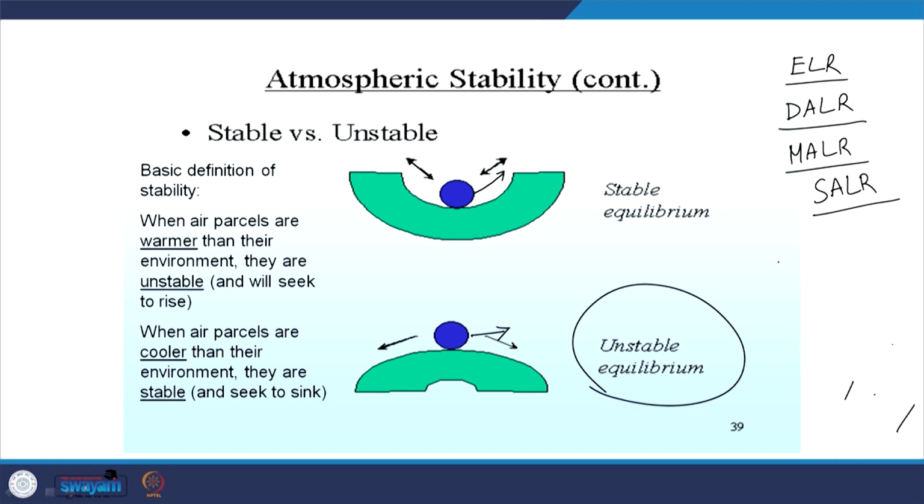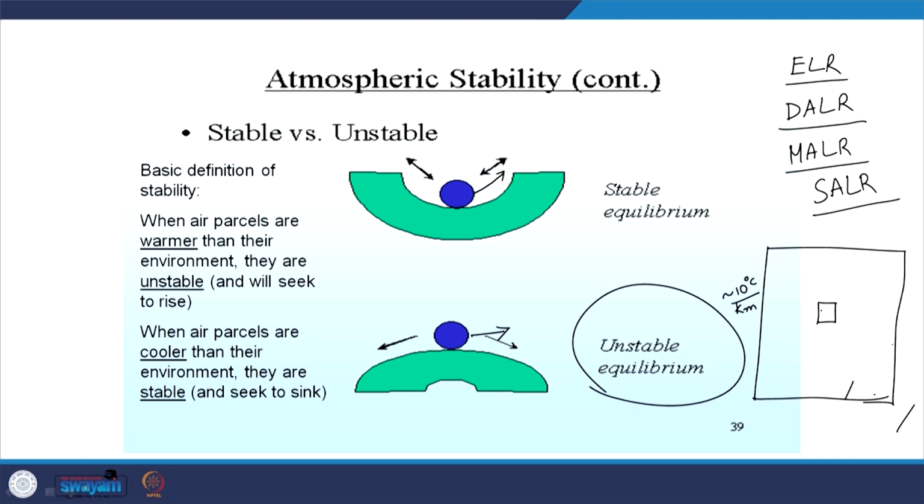Now, let us say, for example, you consider an atmosphere. In this atmosphere, the temperature is decreasing at a particular rate, let us say 10 degrees Celsius per every kilometer. Now, if you bring in an air parcel, the idea of an air parcel is that an air parcel suspended at any altitude will be at the same pressure as its environment.